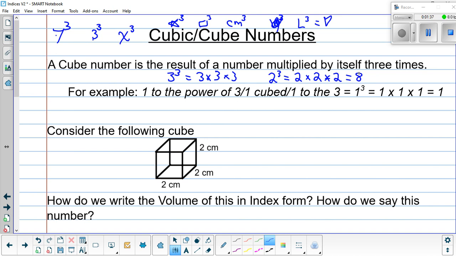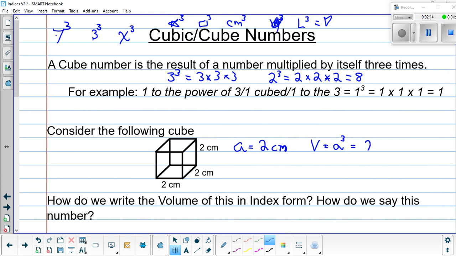If we consider that area was squared, most cubic things are volumes. So we look at this cube, and we notice we have a length, a width, and a height, all of 2 centimeters. The volume of a cube is just one of your side lengths cubed, because it's length times width times height.